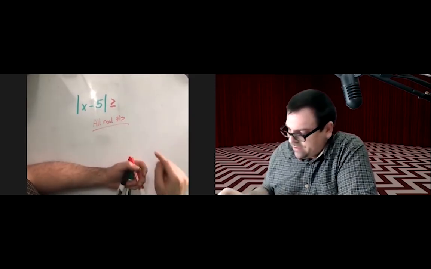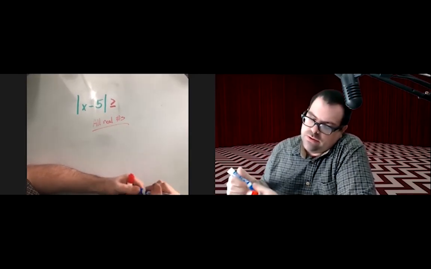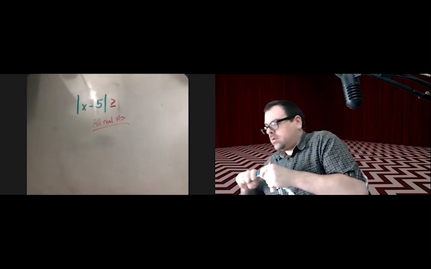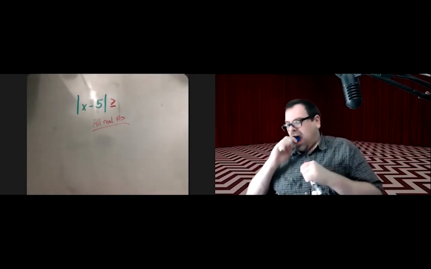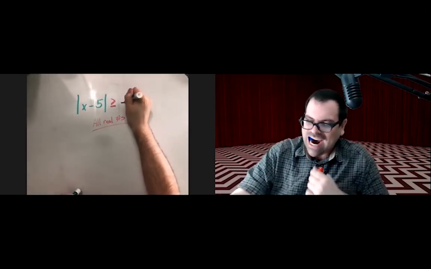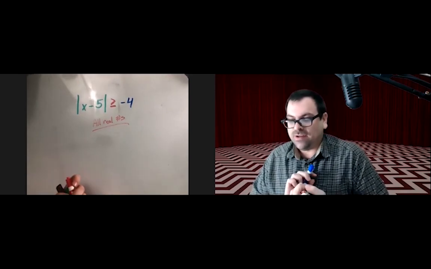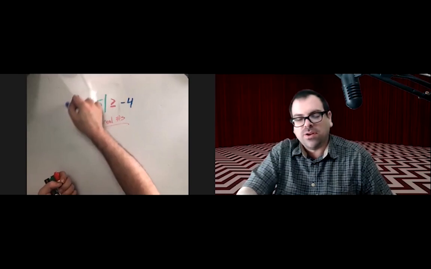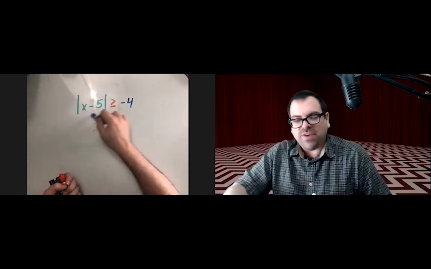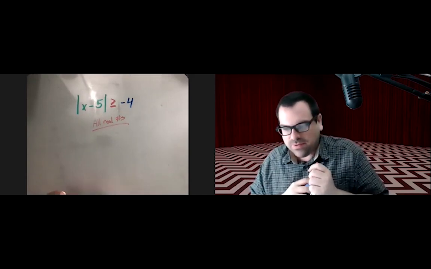What if instead of 0 here, I had a negative number? Like negative 4. Well, think it through. All absolute values are greater than or equal to 0.